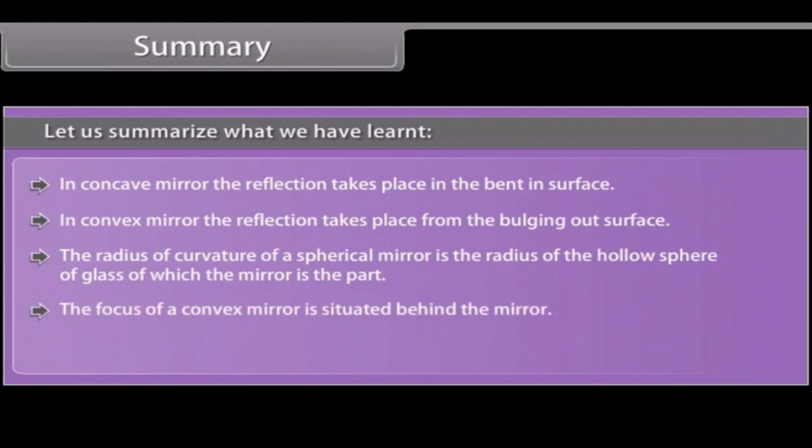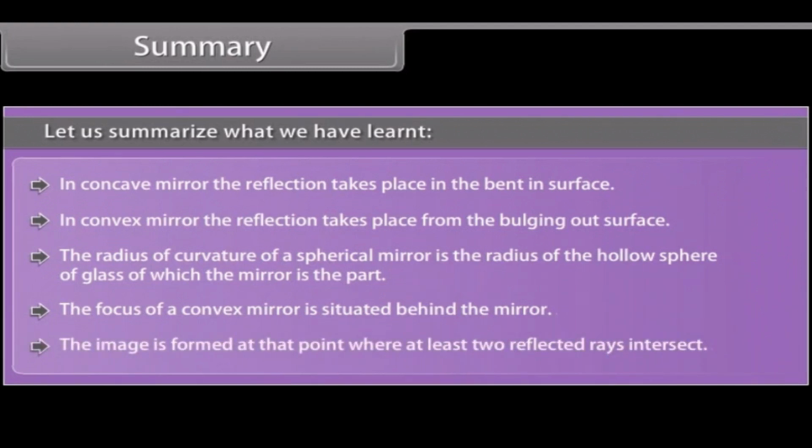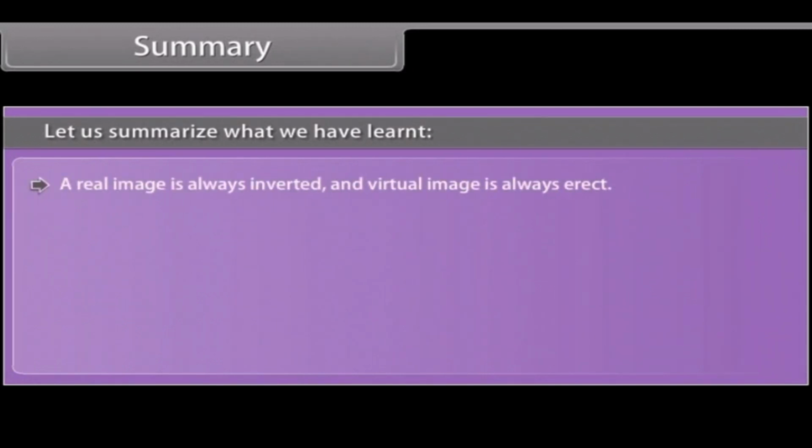The focus of a convex mirror is situated behind the mirror. The image is formed at that point where at least 2 reflected rays intersect. A real image is always inverted and virtual image is always erect.